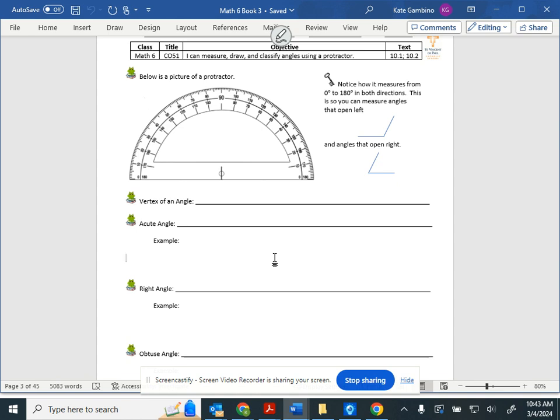Yeah, 180. So if we look at your protractor, that's 90. You have to go all the way over. Yours is ending at 170 is our number, but it keeps on counting, because we know it goes to 180. It just didn't write it. So this line down here would be 180.